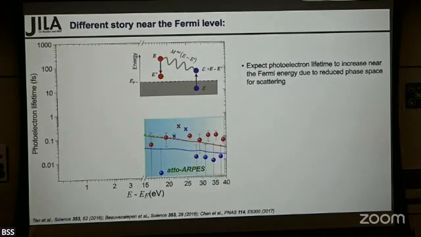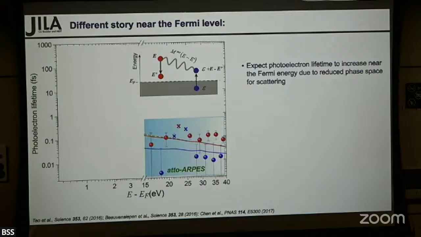So what we can do is fit our free electron lifetime and quantify what this electron interaction matrix is. We can measure that now for copper and nickel. But as you rightly said, these are all very high energy electrons. Nobody cares about them except synchrotron people.